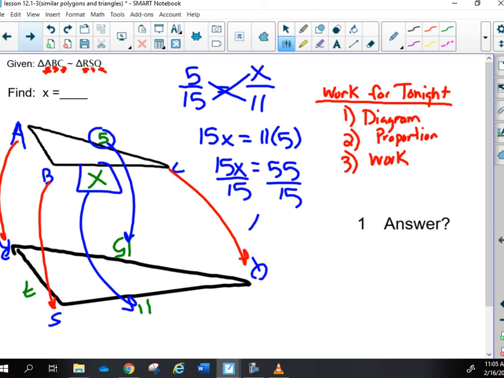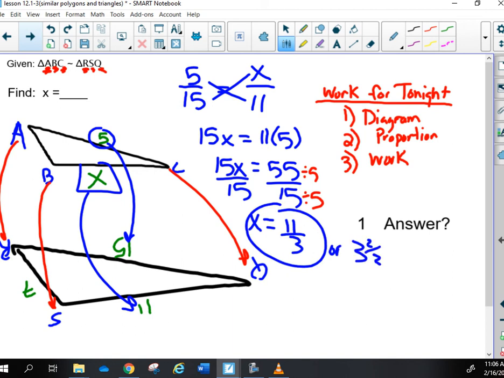I'm going to come up with x equals, and now this part right over here, I'm fine with you leaving it as an improper fraction, but you do have to reduce it. So this should be 11 thirds. If you want to write it as 3 and 2/3, that is fine, but I don't want 3.6666 repeating. No decimal answers.